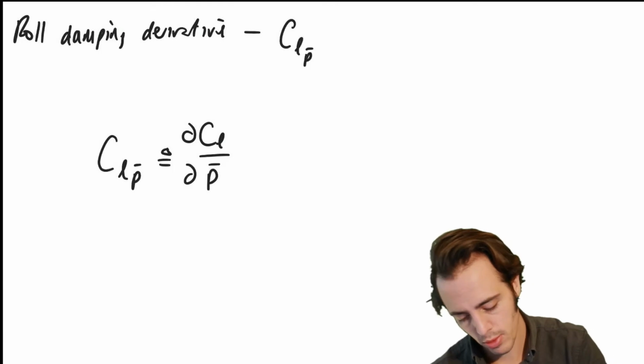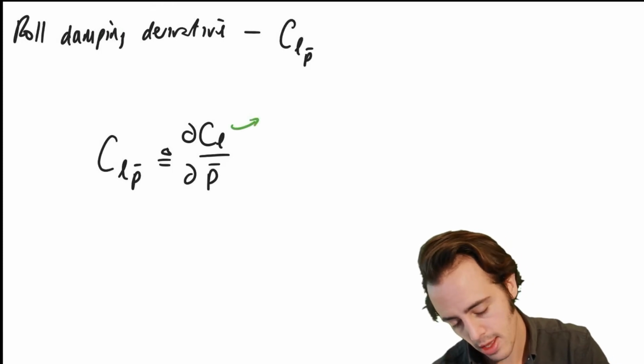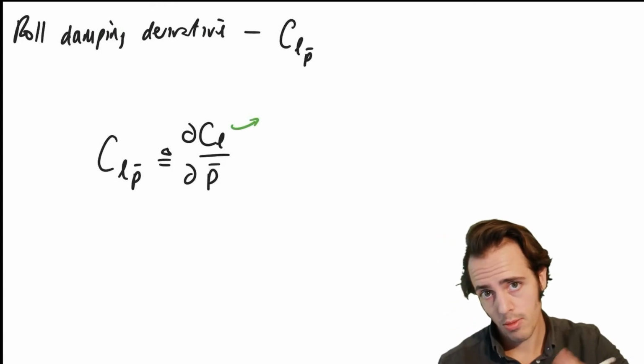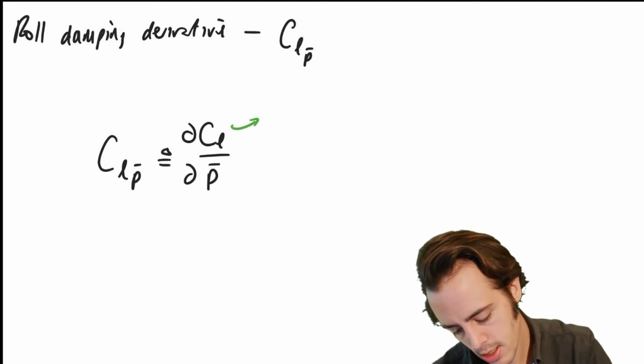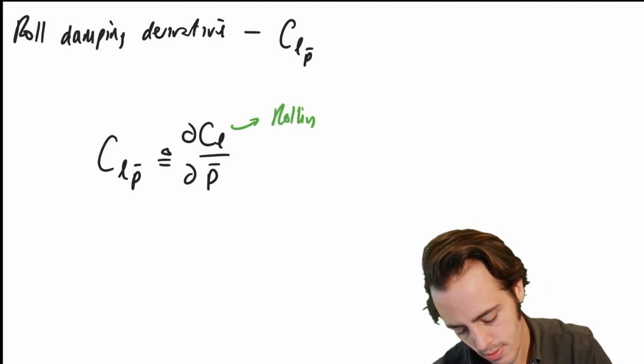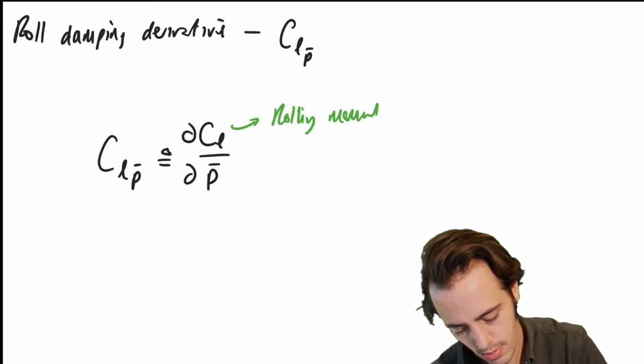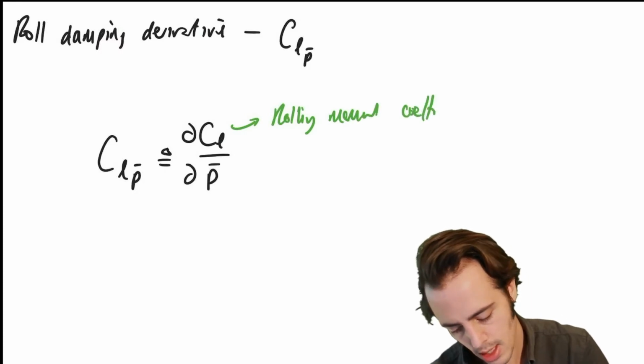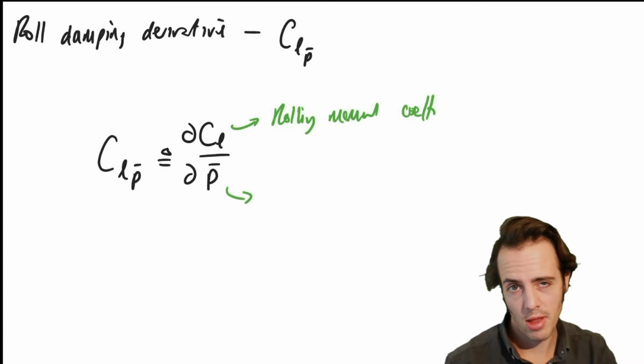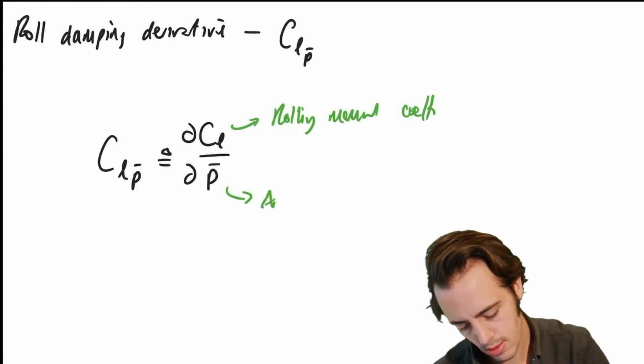So let's just remember what these two are. CL is the roll moment coefficient. And then P bar is this non-dimensional roll rate.